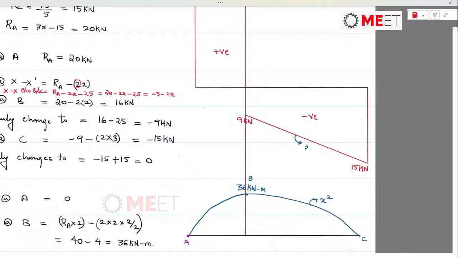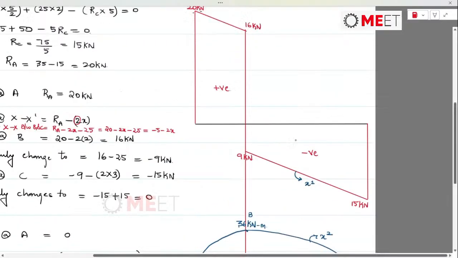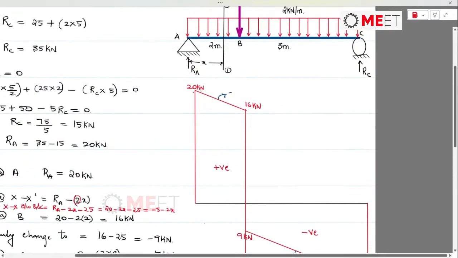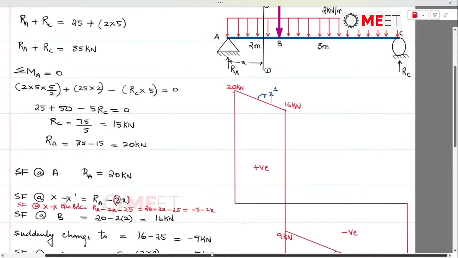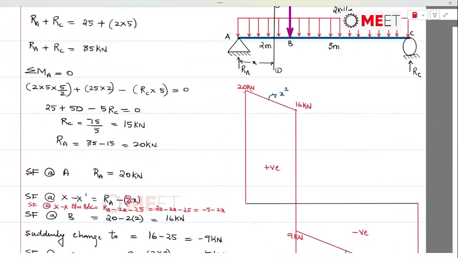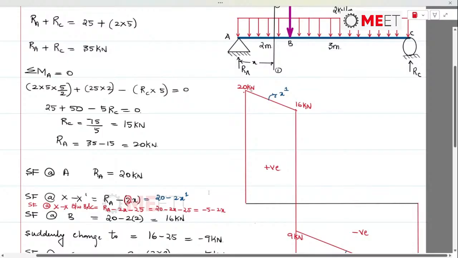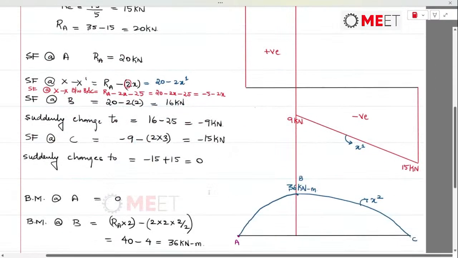This would be x power 1 behavior, and even this was x power 1 behavior, and that is reflected even in the SF equation, that is RA minus 2 times x. RA is 20 minus 2x, so that is x power 1. So shear force is going to have x power 1 for the UDL, and for the bending moment it will be x power 2 behavior.